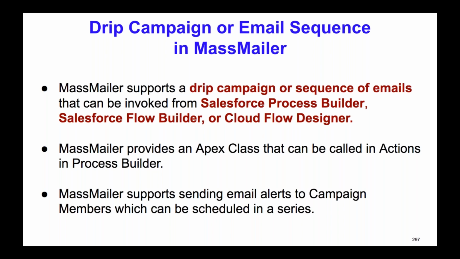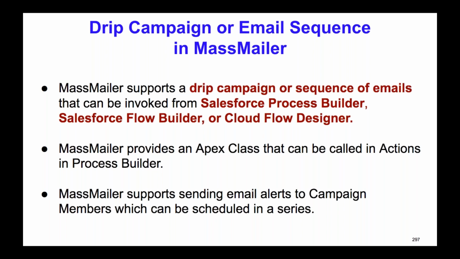This is all Salesforce infrastructure. But what we have done at MassMailer is provide the hook so that we don't have to reinvent everything Salesforce has done. So just use the existing infrastructure, which is much more powerful, but use that MassMailer integration when it comes to sending out an email alert.